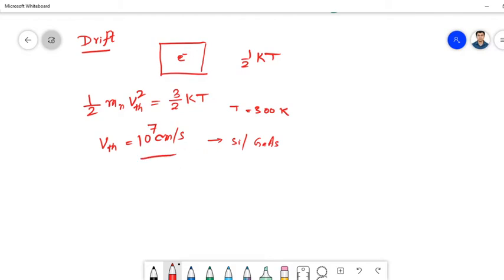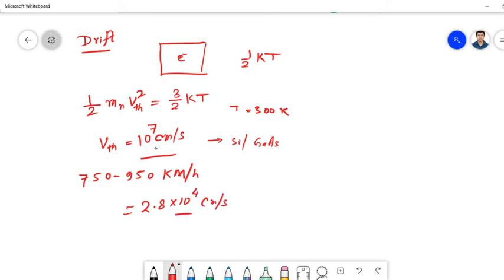Now how fast is this speed? If you want to feel it, consider an aeroplane, domestic or international, for public use. The average speed is around 750 to 950 kilometer per hour. If you convert this into centimeter per second, it comes to roughly 2.8 into 10 to the power 4 centimeter per second.